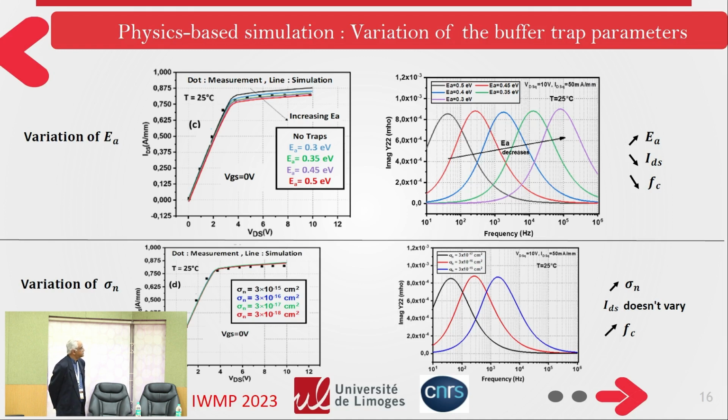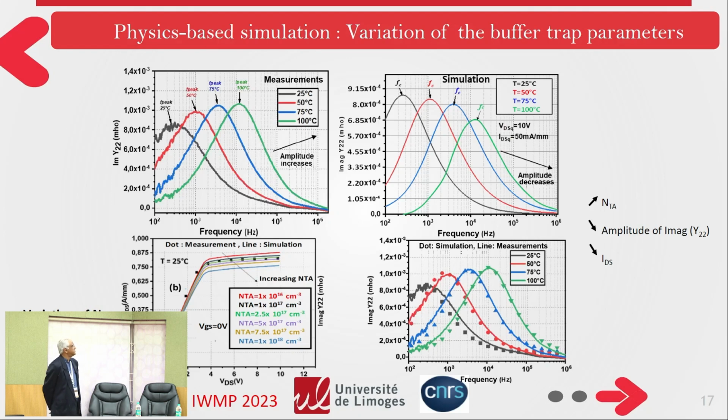Contrary to that, when you increase the capture cross section, the peak position of Y22 increases. Regarding the current, it decreases when the activation energy increases. And for the capture cross section, when you increase it, the current doesn't show any variation.